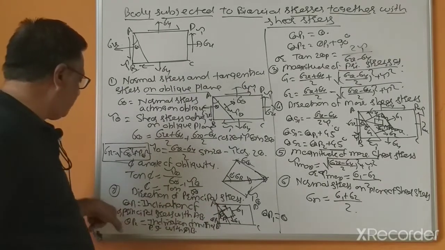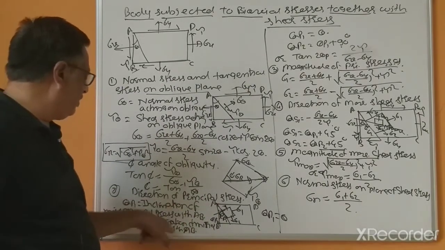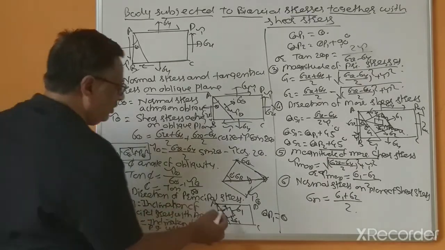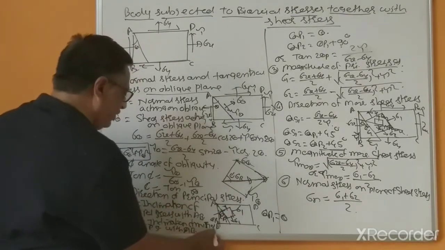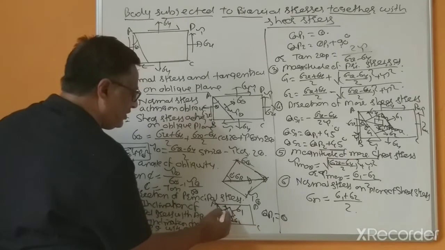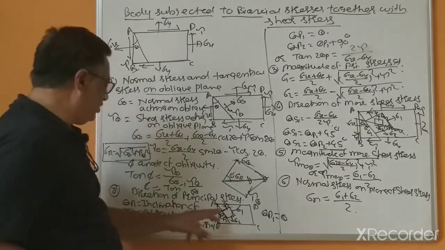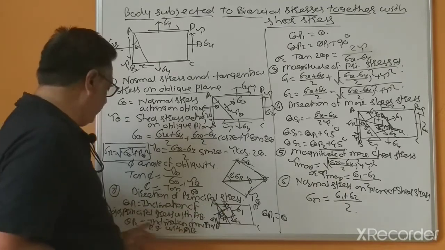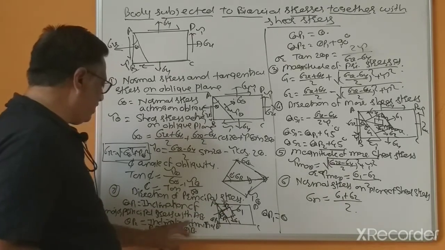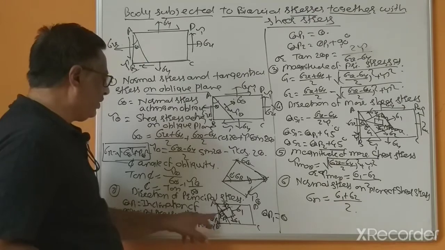And theta p2 is the inclination of the minor principal plane, because this is the minor principal plane, sigma theta or sigma 2, with AB.